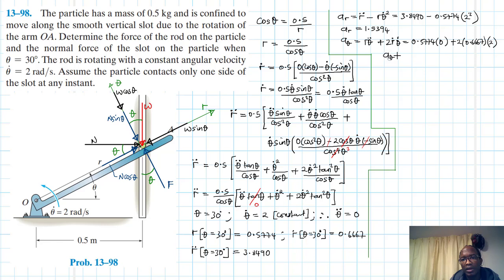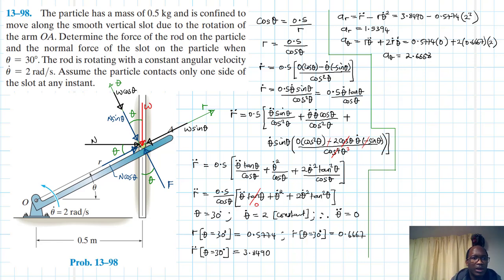Therefore, our A theta is equal to 2 by 0.6667 by 2. So this gives us 2.6668.